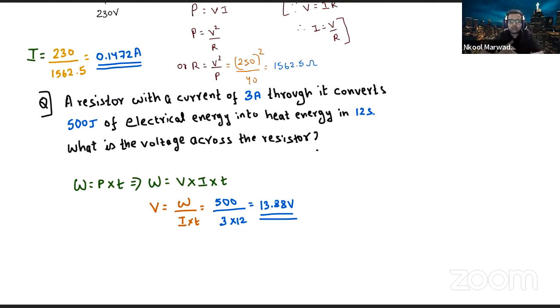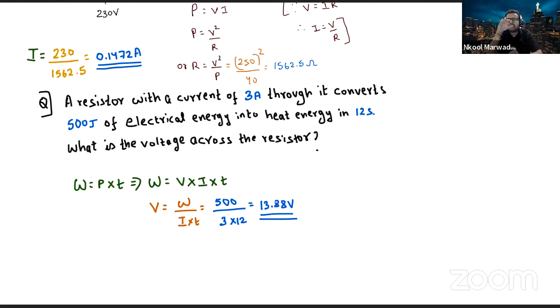And in the exam, you have to write it properly. Here, though, since we are in a hurry, I don't want to write each and every step. You write: given the energy dissipated, that is the work done, is equal to 500 joule. The current flowing through the resistor is equal to 3 ampere, I is equal to 3 ampere. Then the time taken for the energy dissipation, small t, is equal to 12 seconds.